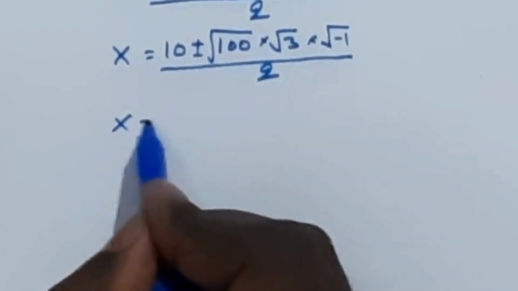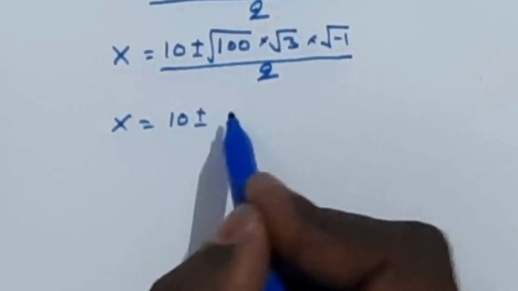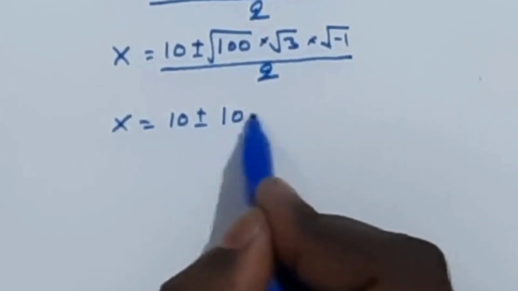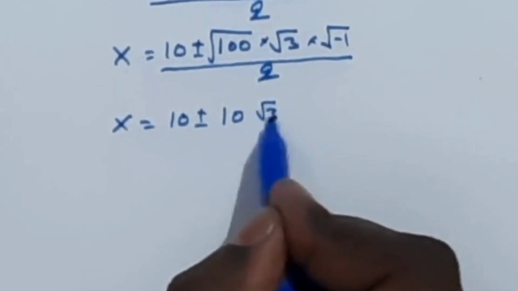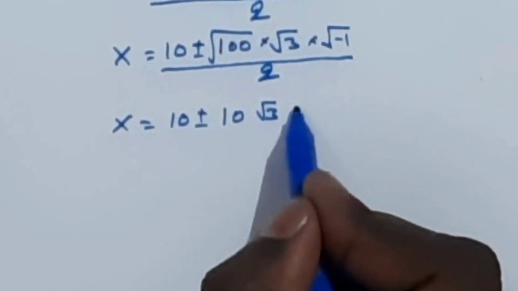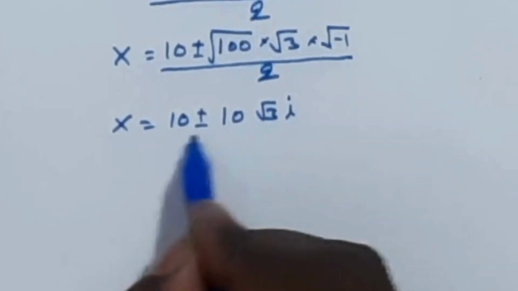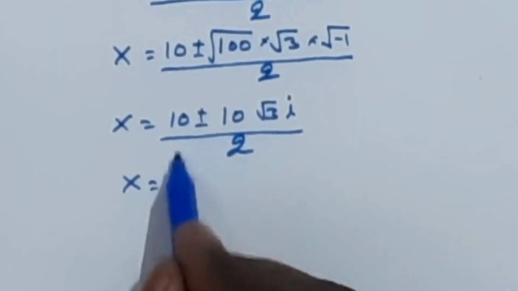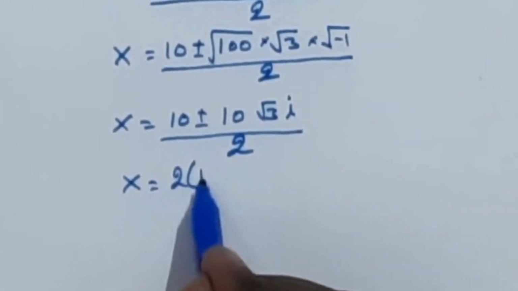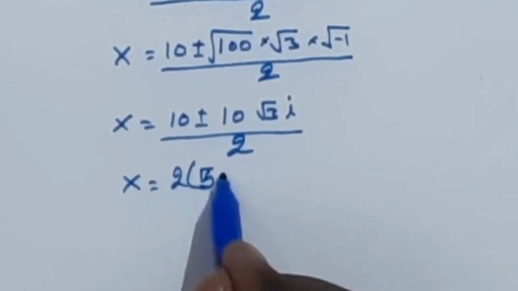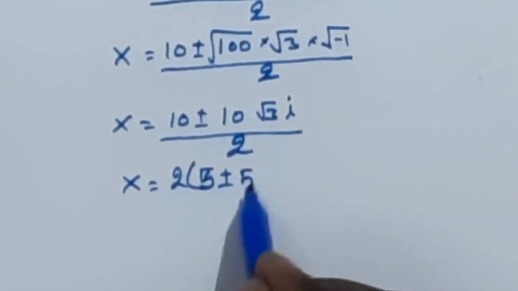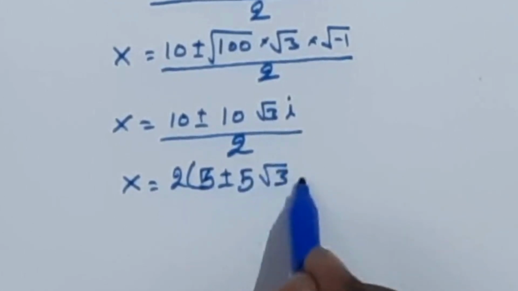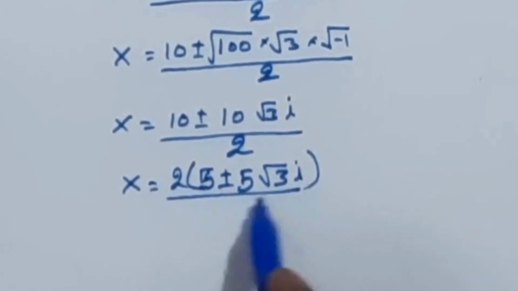Now x equal to 10 plus or minus square root of 100 times 3 times minus 1, by 2. Now x equal to 10 plus or minus square root of 100, square root of 3, square root of minus 1, by 2. Square root of 100 is 10, square root of 3, and square root of minus 1 is i, by 2. We take 2 common out: 5 plus or minus 5 square root of 3i, by 2.